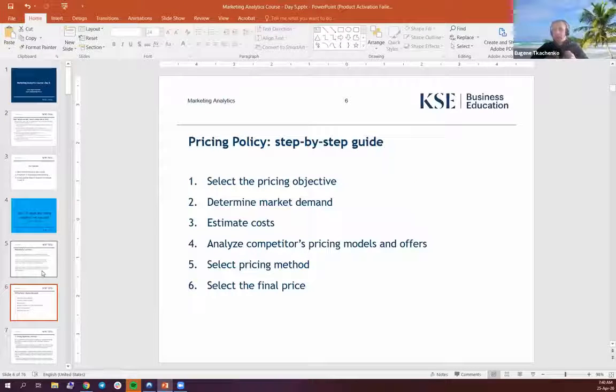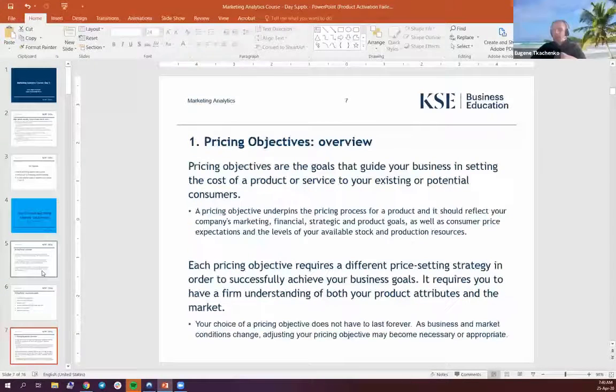And once we decide and we are confident that that price works for us and supports our pricing strategy, we select the final price, kind of like running the final QA, quality assurance analysis, and then we use that price in our day-to-day activity.